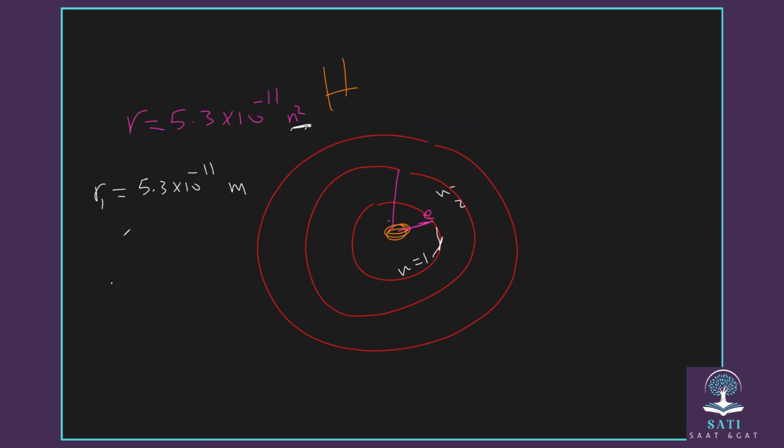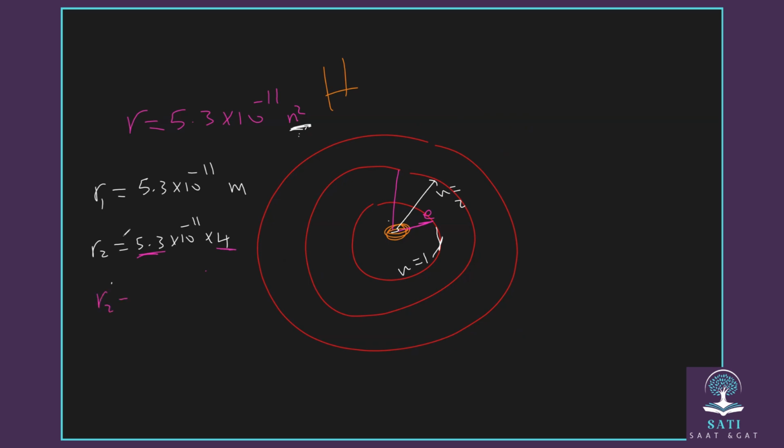What about the second level? When n is 2, 2 squared is 4. So the radius of the second level is 5.3 times 10 to the power of negative 11 times 4. We multiply 4 by 5.3: 4 times 5 is 20, and 4 times 0.3 is 1.2.